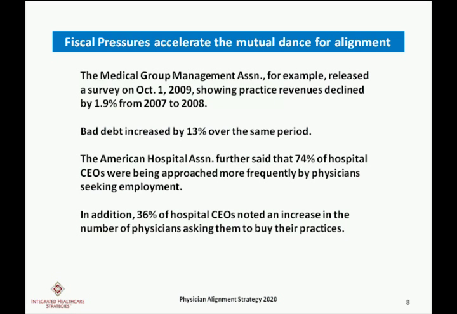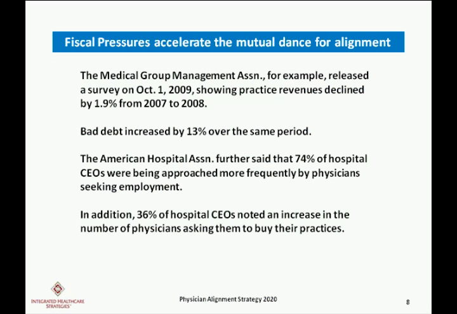There are certainly fiscal pressures on both the physicians and hospitals as we are being driven to work more closely together and to align our economic interests. The American Hospital Association has found that 74% of recent hospital CEOs in a survey are being approached by physicians seeking a wide variety of employment and aligned contract arrangements.